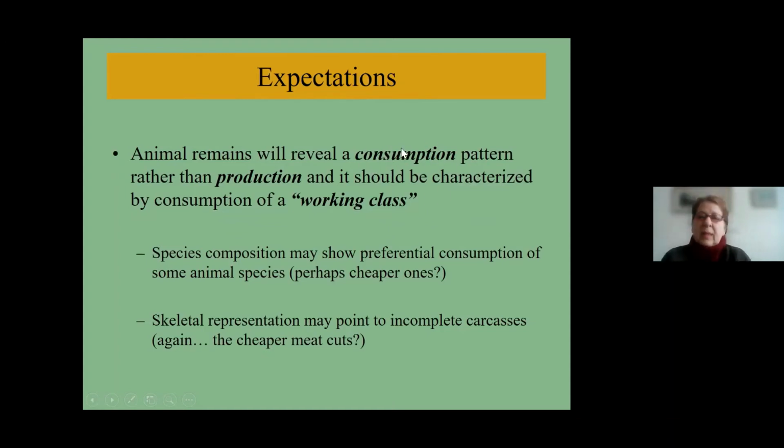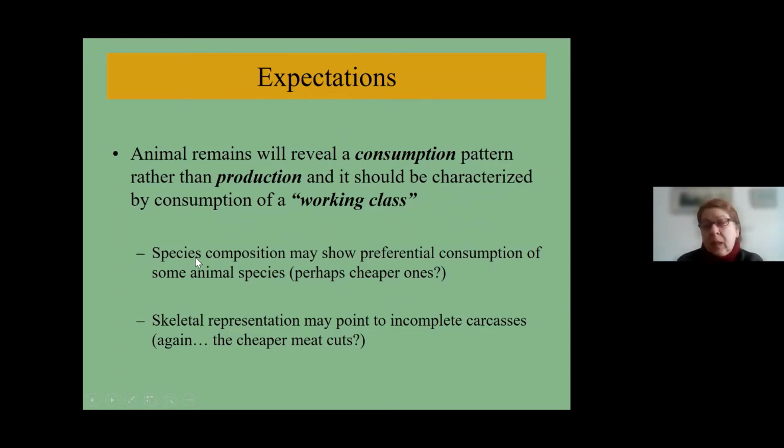What I expect here is that I'm going to see a consumption pattern in the animal bones, and that this pattern may represent this working class. Of course, we have no idea what a working class is for this time, and if it is really a working class that we are talking about. But I go with this hypothesis.